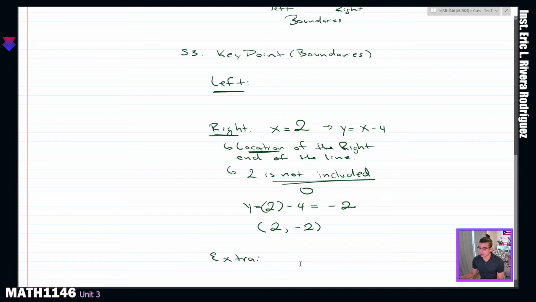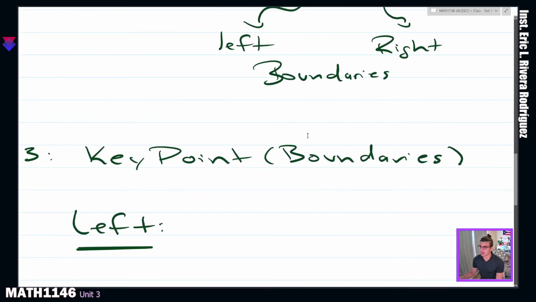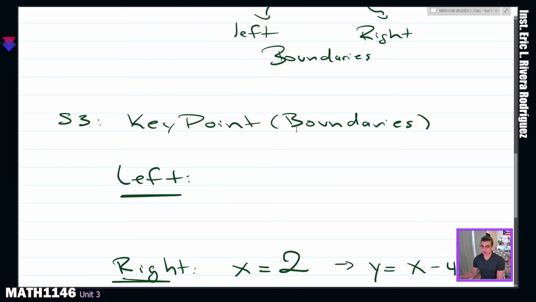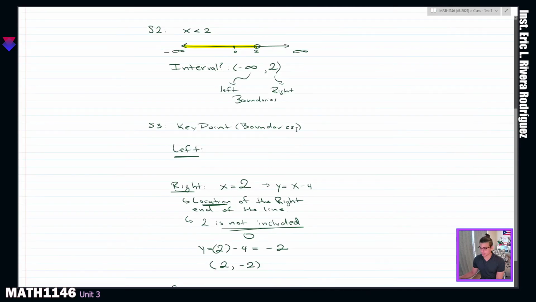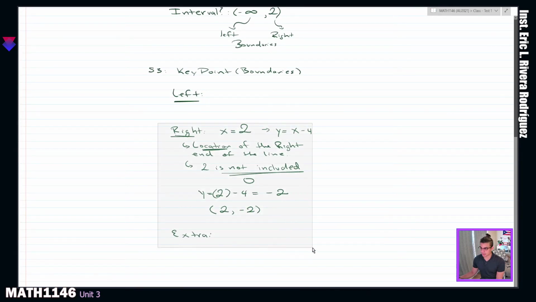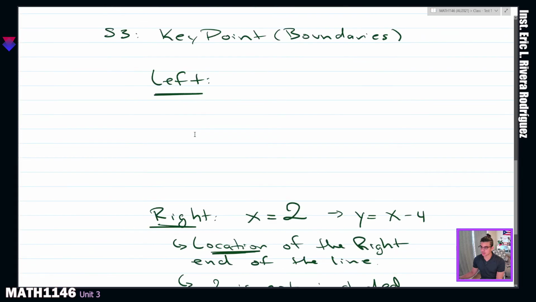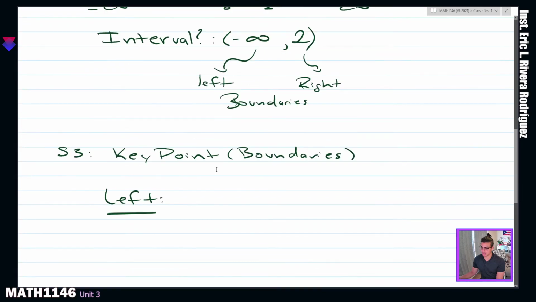All right, so going back to the left boundary, what happened with the left boundary? The left boundary is not a number, it's a mathematical expression. So what we want to do is to use any number between negative infinity and 2, the easiest one possible to use here to get a second point for our line. You need to choose between negative infinity and 2.